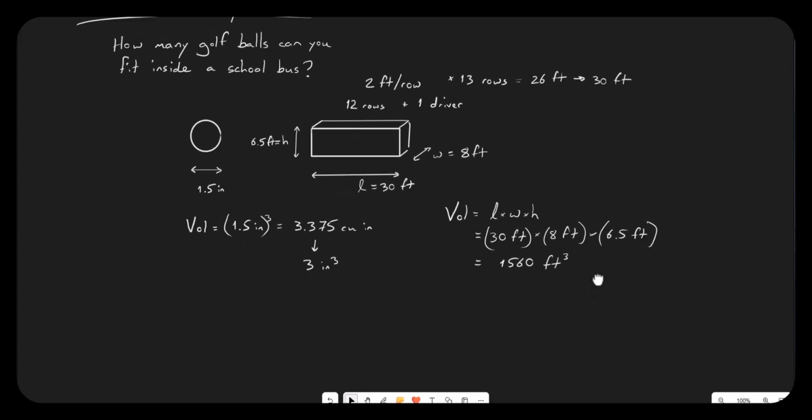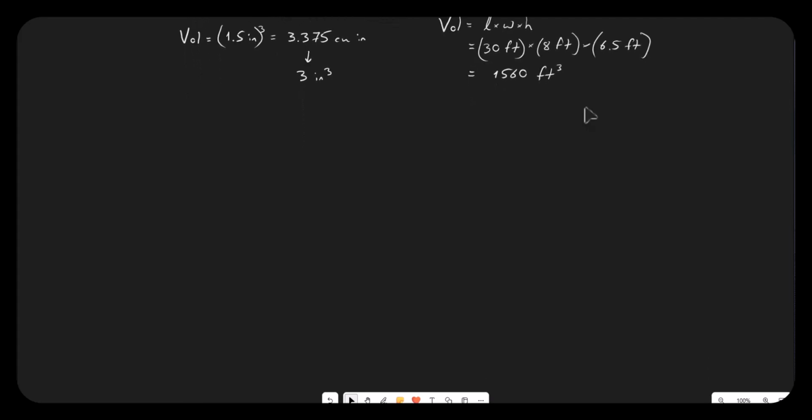Let me try this. 1,560 feet cubed for a bus. I am comparing to one golf ball being 3 cubic inches. So I need this feet cubed to be in inches cubed. I'm going to convert that first. I know 1 foot is 12 inches, and it's cubed.